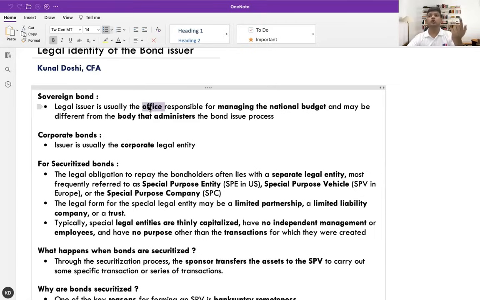So that can be, as I said, the finance ministry, the one who manages the national budget, or can be the central bank of your country. Is that clear? In case of corporate bond, of course, the corporate entity is the legal entity here, which can be a sole proprietorship, an LLC, a partnership, or anything. Correct?